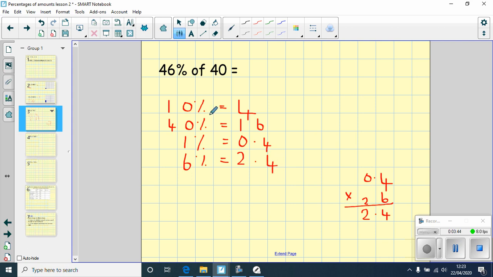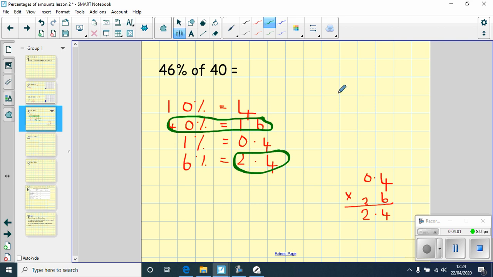Right, so I've done all my calculations now. Which ones do I put for the answer? Well, I want 46%, so I want 40%, which is here, so that's 16. And then I also want the 6%, which is here.